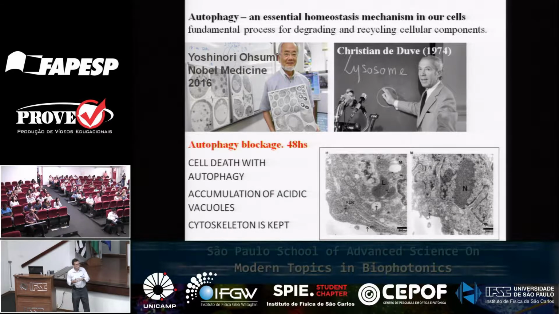However, let's suppose you give a medium that has a small amount of things for survival, but it lacks a lot of nutrients. So it is a nutrition deficiency culture. And then how does the cell survive? By activating autophagy. So it's a survival mechanism.